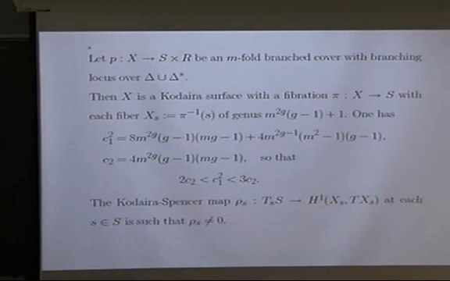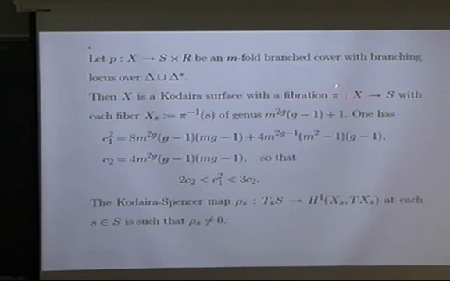Now you take an m-fold branched cover of this product S cross R, you call it X, with a branching locus over the two curves delta and delta star, and then you get this Kodaira surface.